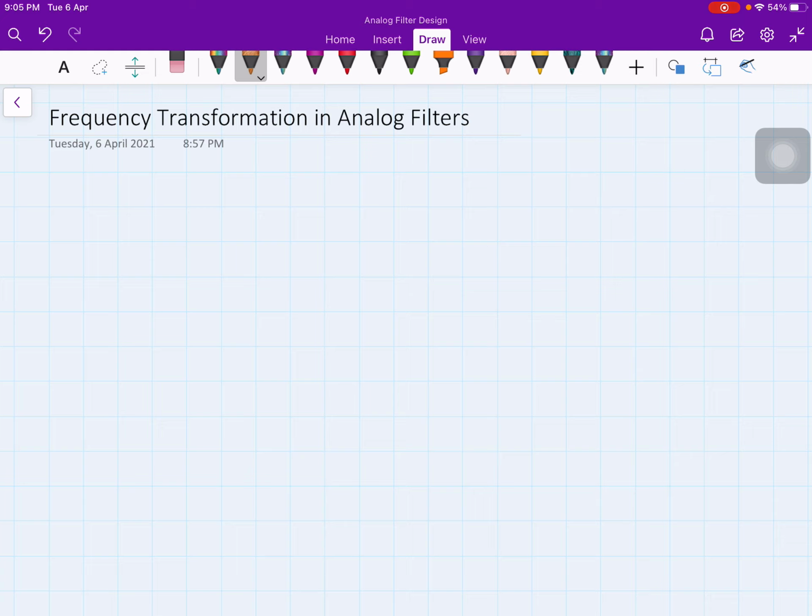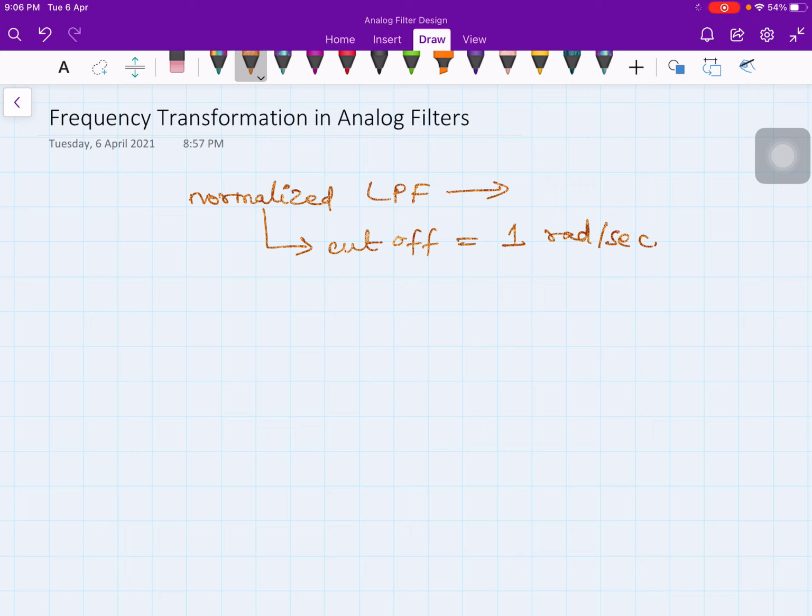some other analog filters. Therefore, what we wish to do is to transform a normalized low pass filter. Okay, so when I say normalized, what I mean is cutoff frequency is equal to 1 radian per second. Okay, so normalized low pass filter into other kinds of filters.